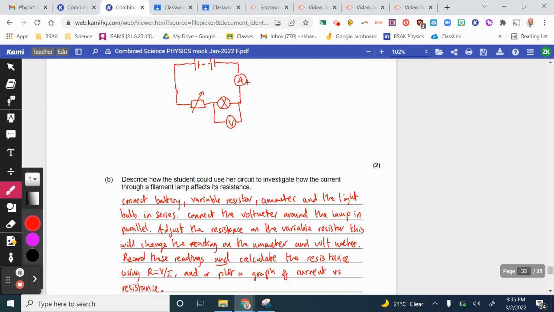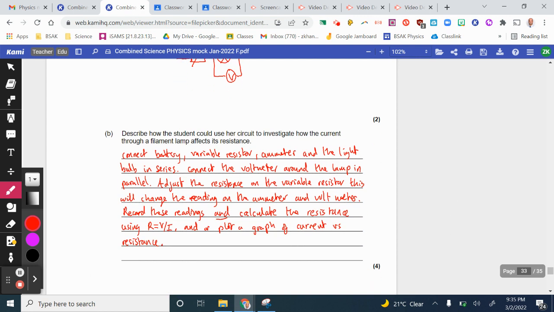So the voltage reading, the current reading, and we'll have a set of resistances for different currents. Or we could plot a graph of current and resistance, so this ammeter reading and the resistance we've calculated, and we see how they are affected against each other.